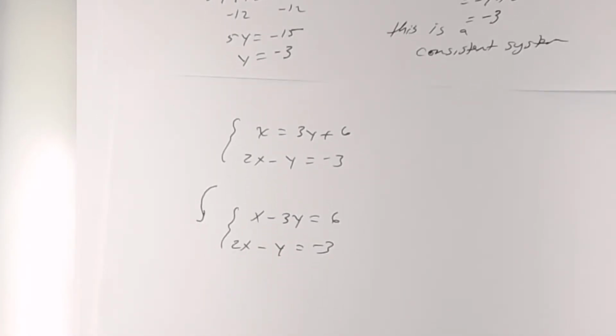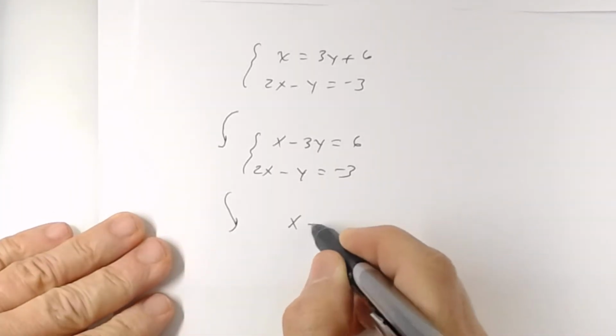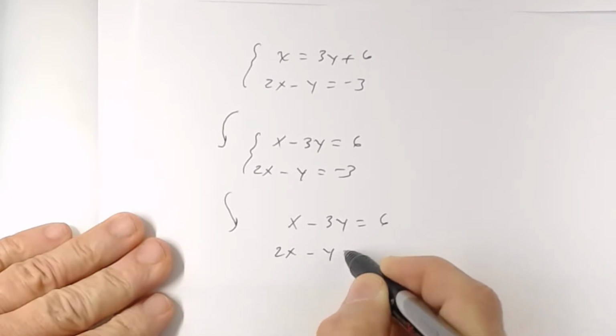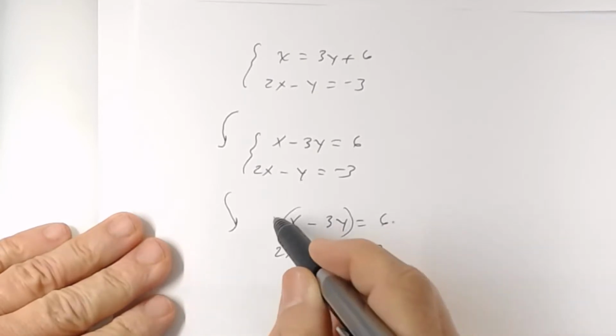Now, which variable do you want to eliminate? The x. So what's the least common multiple for the x? 2. So the second equation already has a 2. I just need the first one to have what coefficient? A negative 2. So let's go ahead and rewrite this. All right, so I'm going to multiply the first equation by what, though?